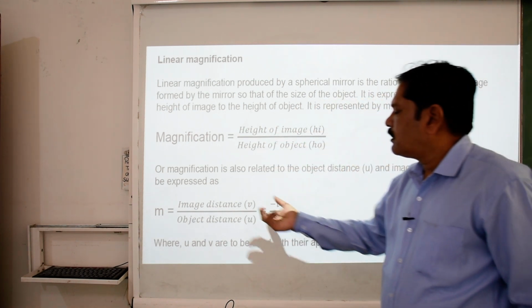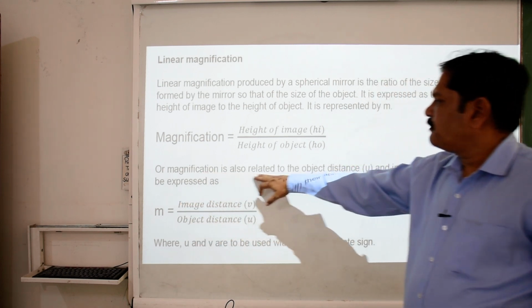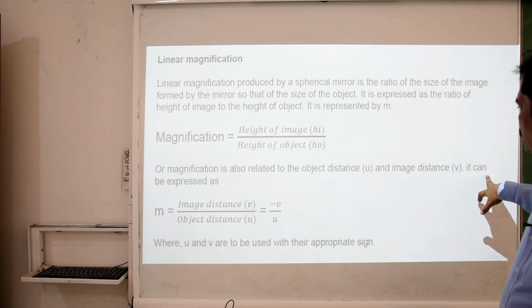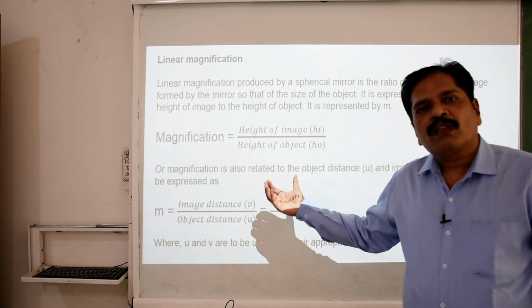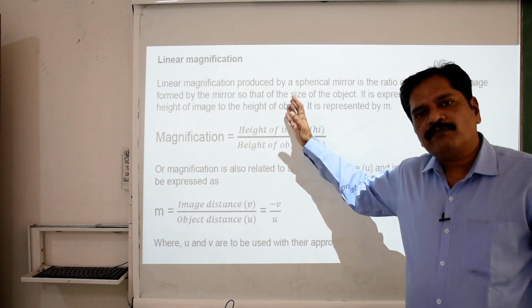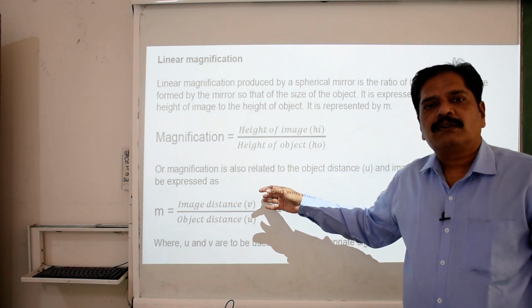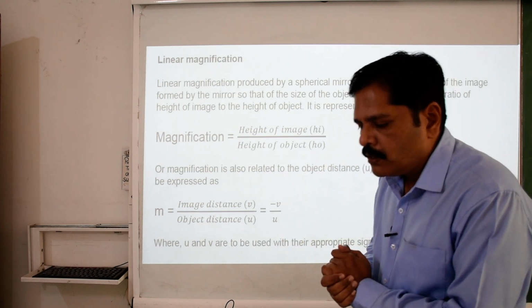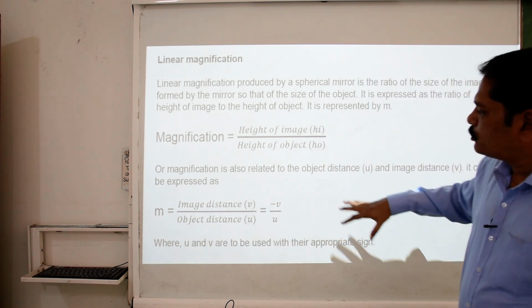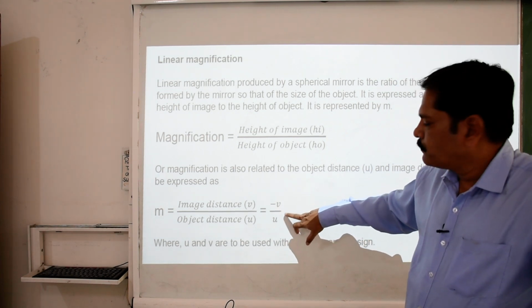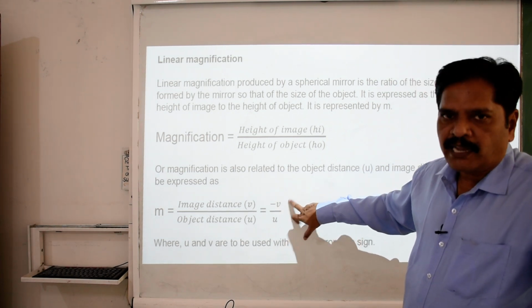Clear? Or you can say that the magnification is also related to the object distance and the image distance. Okay, that means if the height of the object and height of the image are not given, just remember these two are parallel to each other. So you can make one more formula, that is minus v upon u is equal to hi upon ho.